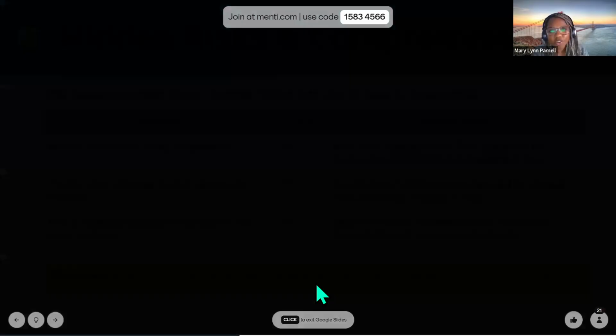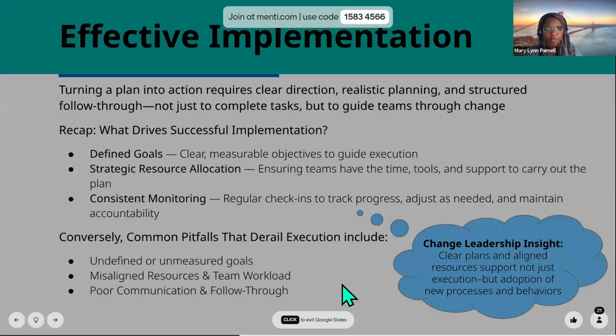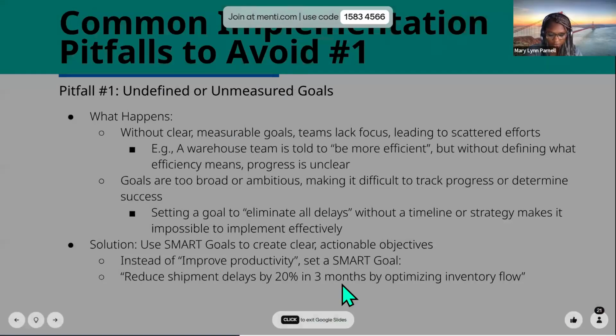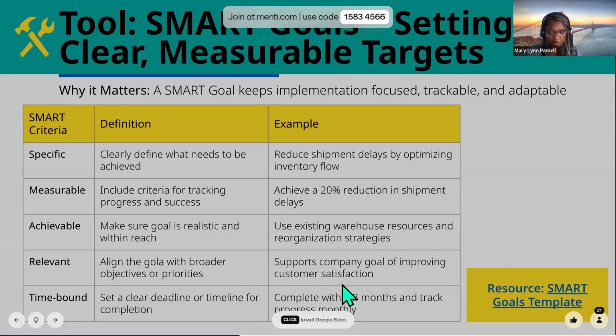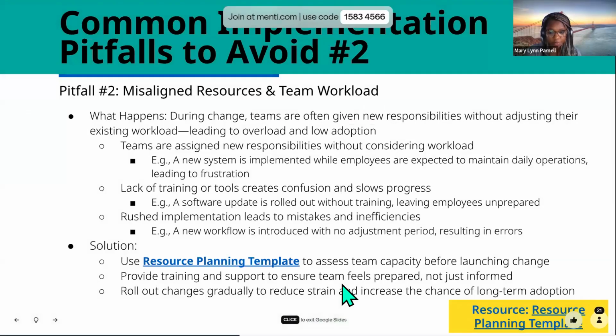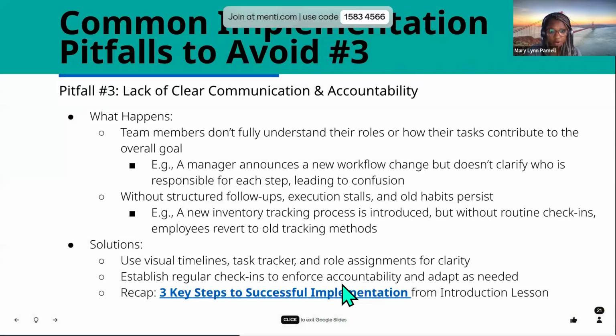Okay, so after we do implementation, the first pitfall was the SMART goals. The second one was the resource planning tool. The third one is avoiding lack of clear communication and accountability. What happens is that team members don't fully understand their roles or how their tasks contribute to the overall goal, and without structured follow-ups, execution stalls and old habits persist.